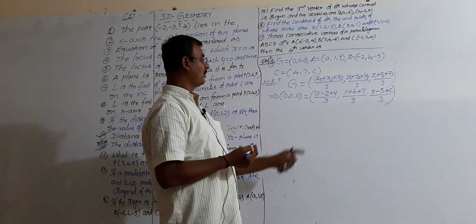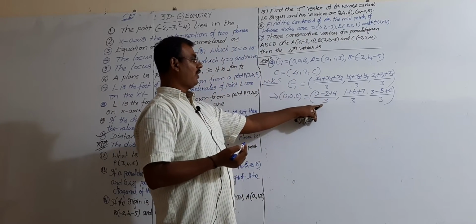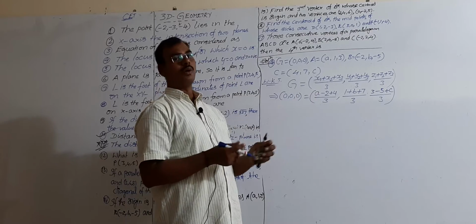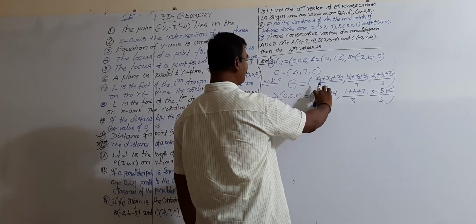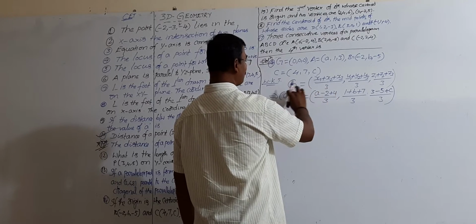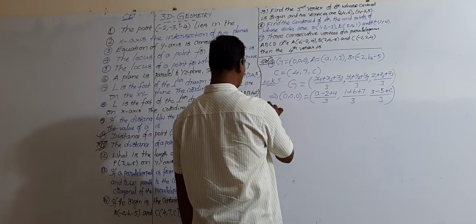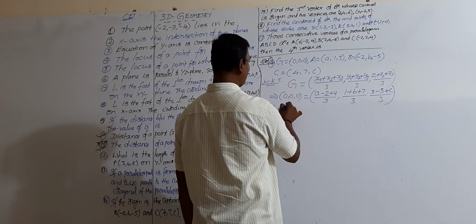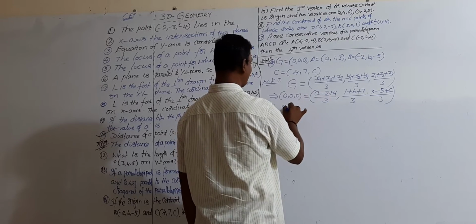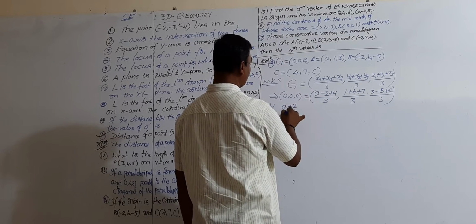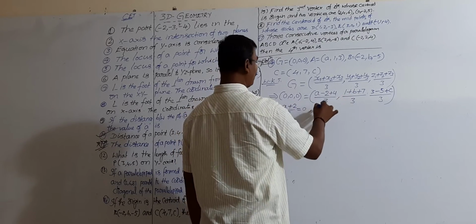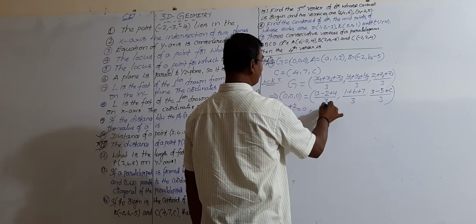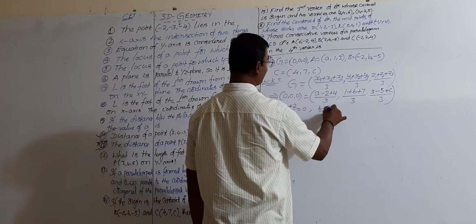Hereafter, compare, that means equating corresponding coordinates. First element, equating: 0 is equal to this value. Now, a minus 2 plus 4 is a plus 2, divided by 3 is equal to 0. Similarly, b plus 8 divided by 3 is equal to 0.